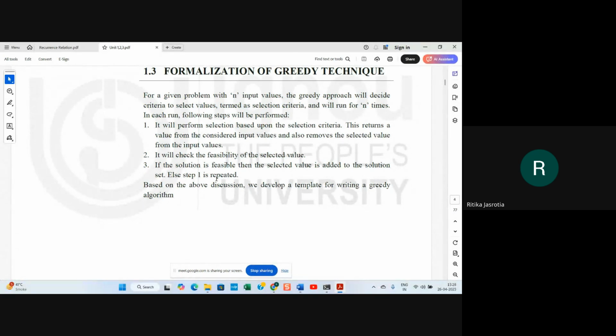From the selected inputs, you select one input and you remove that input from the input values, and then check the feasibility, whether that selected value is feasible to be selected for a particular solution. And then you will repeat the step until you find the perfect solution, that these are the inputs which will give you the perfect solution.